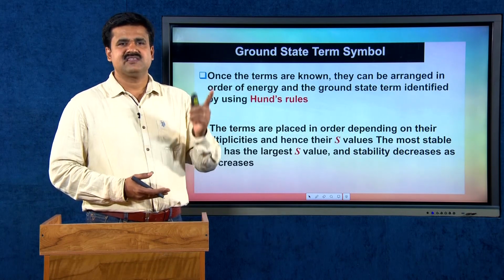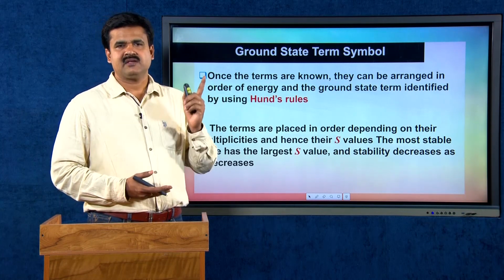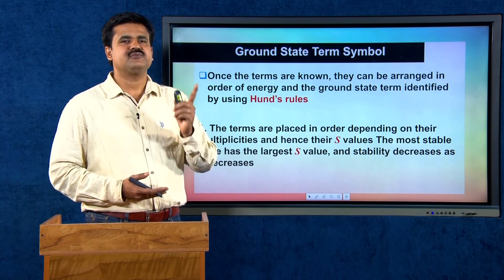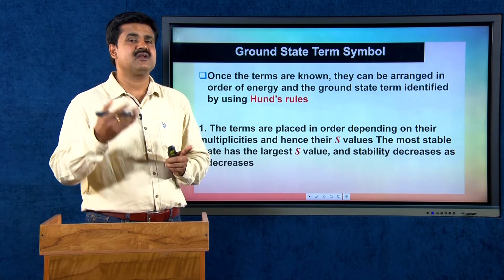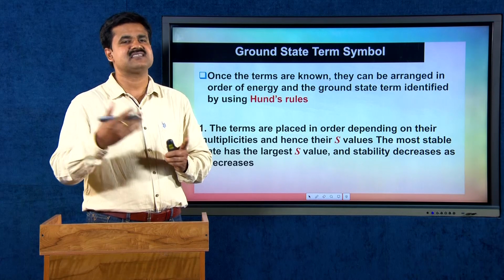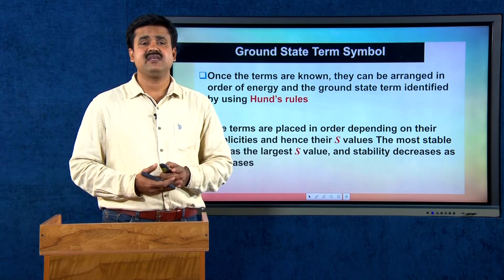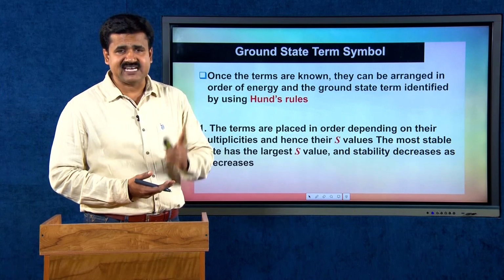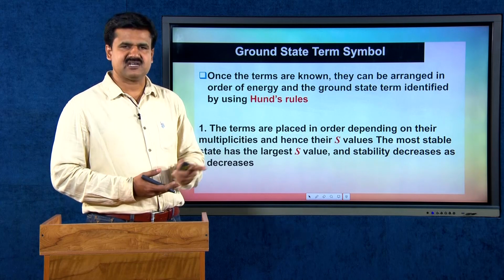Now, the ground state term symbol based on Hund's rule is very easy to figure out from so many term symbols if they are in front of you. Once the terms are known, they can be arranged in order of energy and we can pick out the ground term based on Hund's rule.